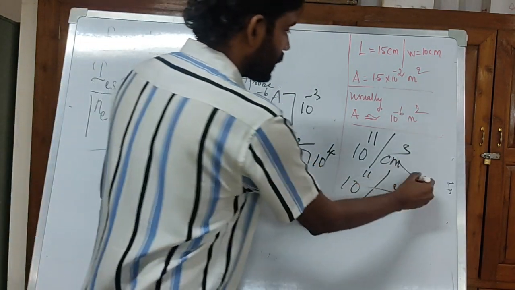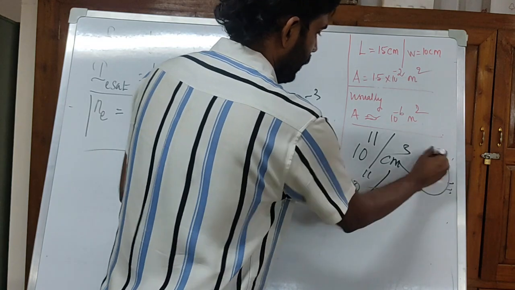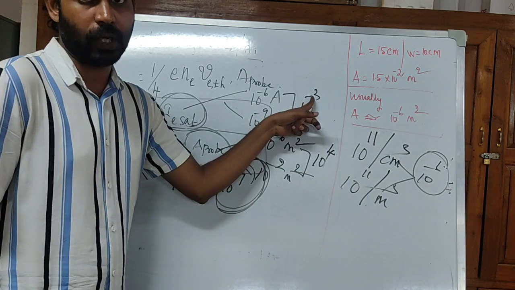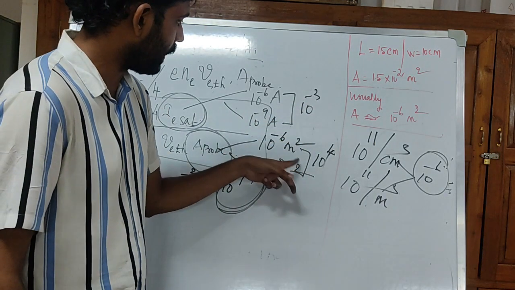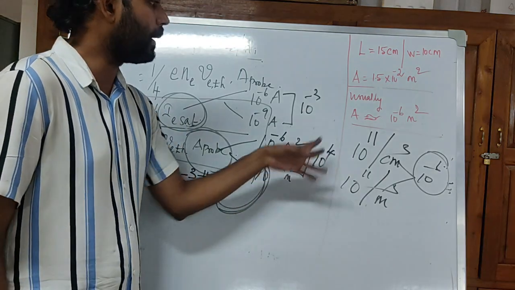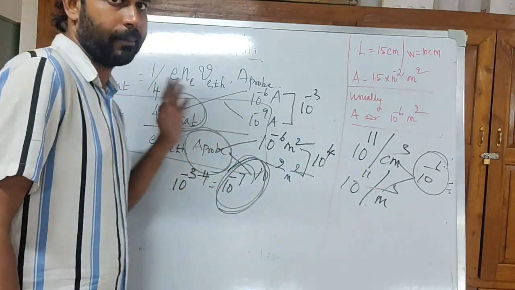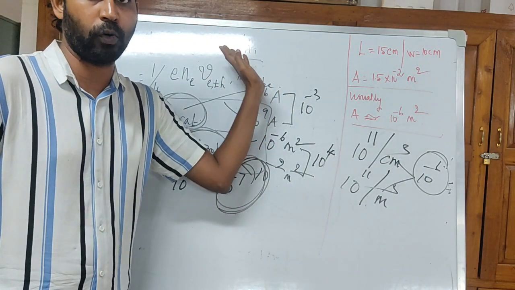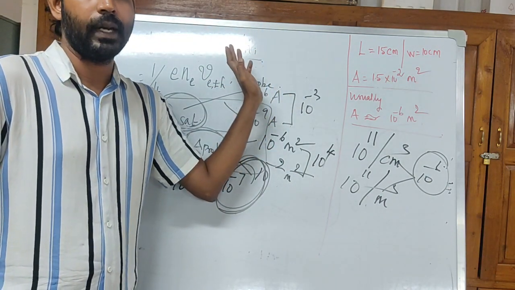So there is a 6 order drop. The reason is this: the current is reduced by 3 orders, the area is increased by 4 orders, and these two are affecting the number density. Otherwise there are no issues with the equation or the probe theory or the code.